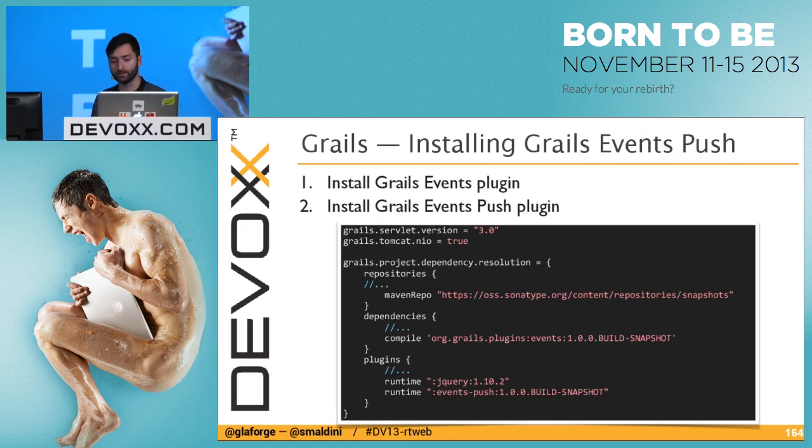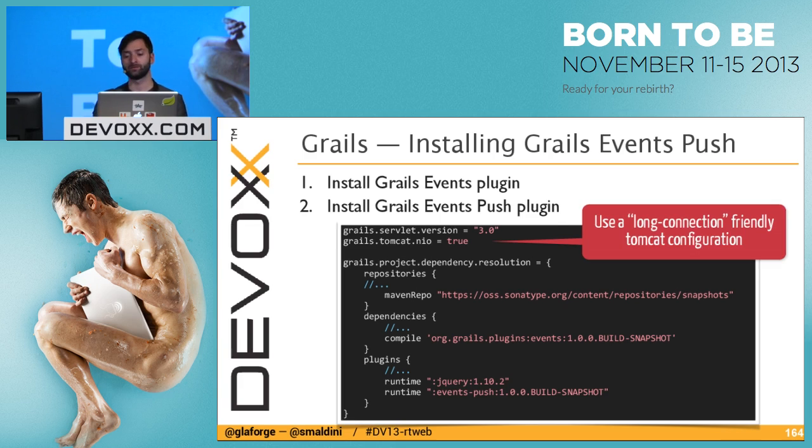If you want to try the plugin, the new version, which uses Reactor, is also on snapshot because we need to release the first Reactor plugin. You can install it. An important fact is to try to use a long-connection-friendly configuration. An I/O connector is a must-have, and today I think it's a standard one.